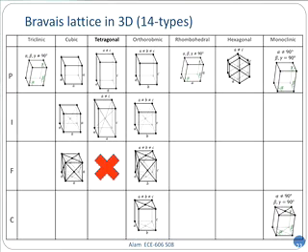The third element, there is no face-centered on the tetragonal one, but there is a cubic face-centered. That element is there. Why not? Because it turns out that the second and the third element, the body-centered and face-centered, are exactly the same. So you are double counting. And let me explain why in the next slide. But in order to avoid that double counting, we don't put it there anymore.